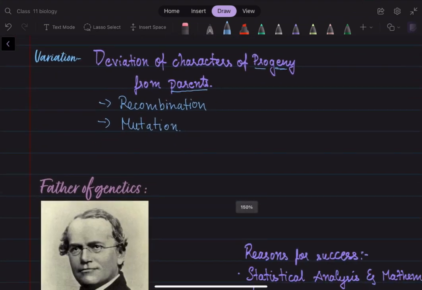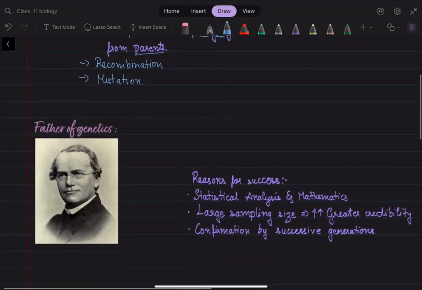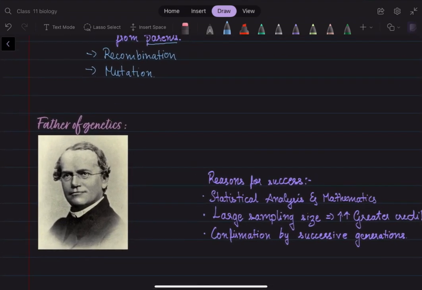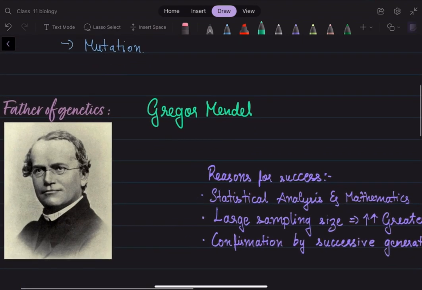Now, an important person over here who's called the father of genetics, that is Gregor Mendel. So Gregor Mendel, he's famous for performing experiments for 7 years, that is from 1856 to 1863.